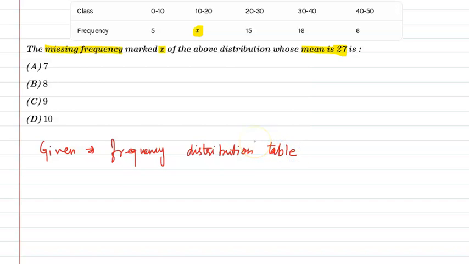You will see in the question that the mean is already given. The mean is equal to 27, okay? And by these two pieces of information, you have to find out the value of x, okay?